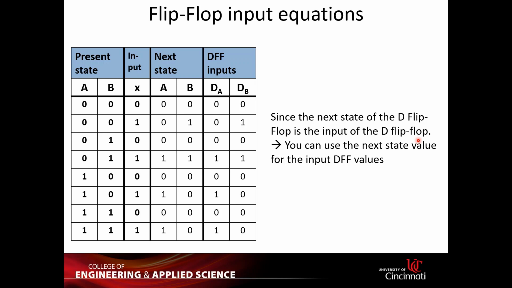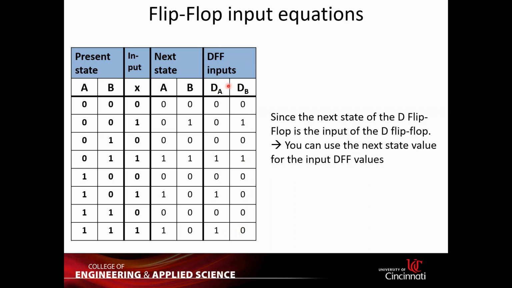Because after one clock cycle, the data gets passed from D to Q. So the next state of the D flip-flop is the input of the D flip-flop. Therefore, you can actually copy the exact column of the next state for the D flip-flop inputs column.